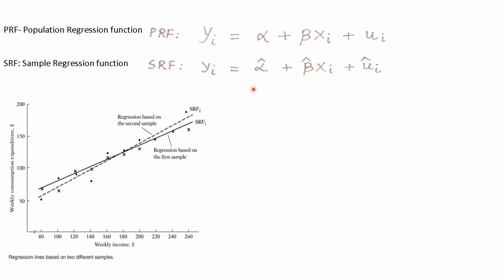Here alpha hat and beta hat are the estimators of alpha and beta respectively. Remember that an estimator is also known as sample statistic, and it tells how to estimate the population parameter from the information provided by the sample. Similarly, this mu i hat denotes the sample residual term, and it is an estimator of true mu i.